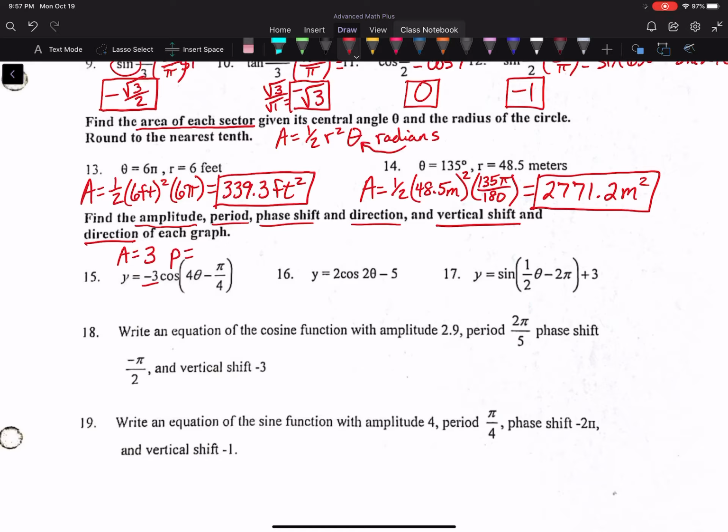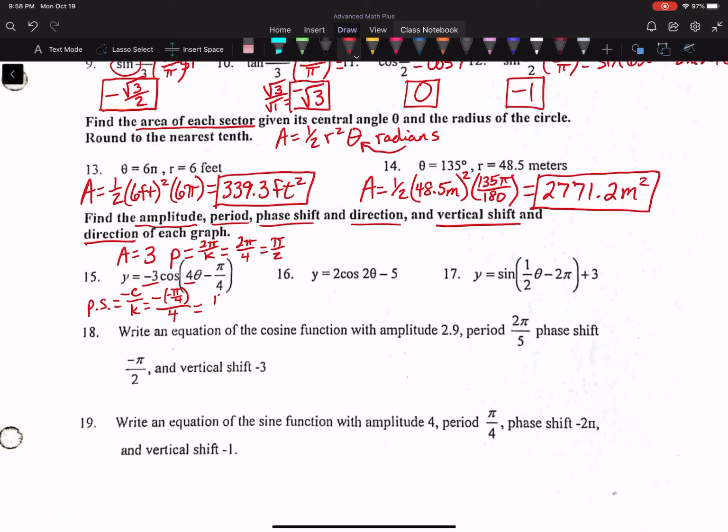Your period is 2 pi over k. So 2 pi over k in this problem is 4. So your period is pi over 2. Your phase shift is negative c over k. So that would be negative c for this problem is negative pi over 4, divided by k was 4.